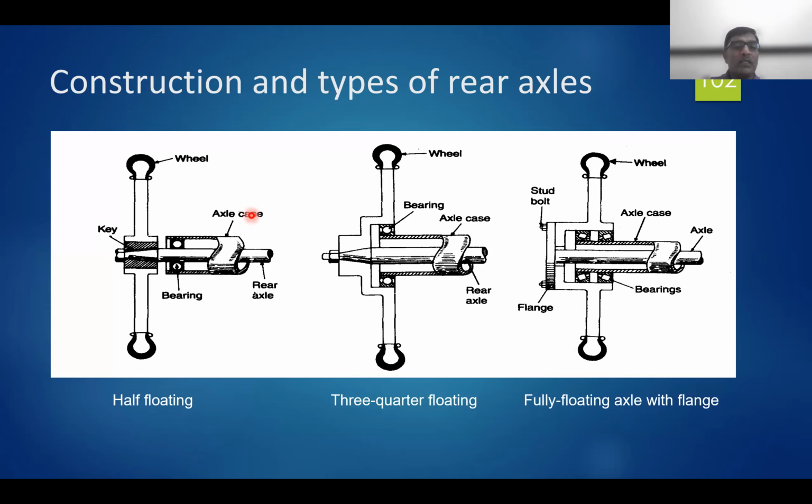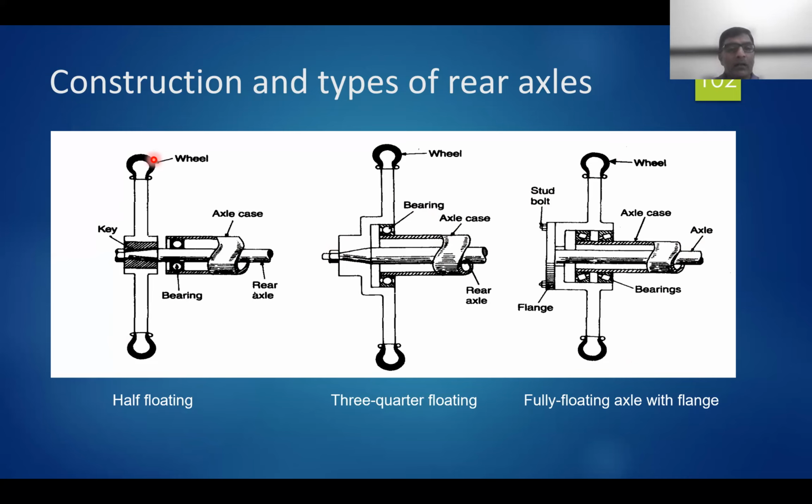In the earlier construction, the axle has to transmit the torque and at the same time support the weight. In 3/4 floating, it partially supports the weight, and here there is only floating for the rear axle. That's why it is called fully floating.